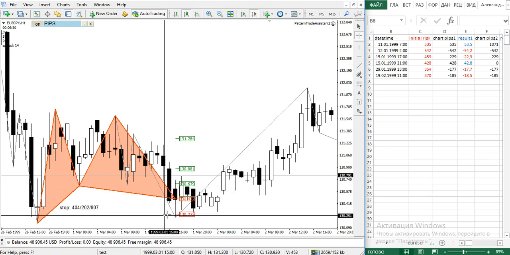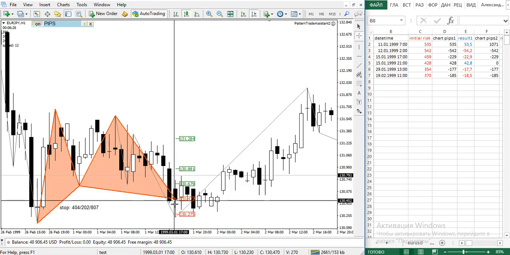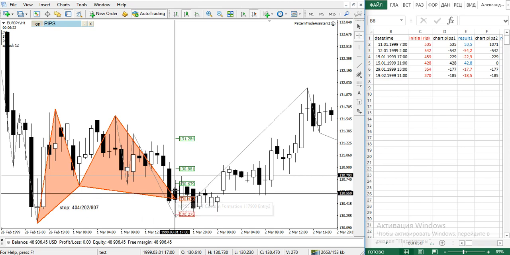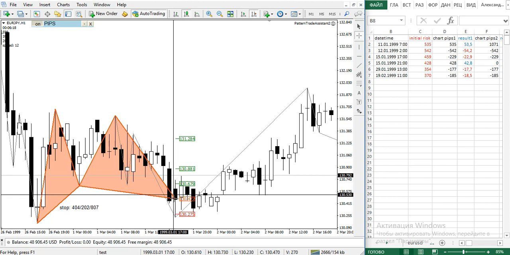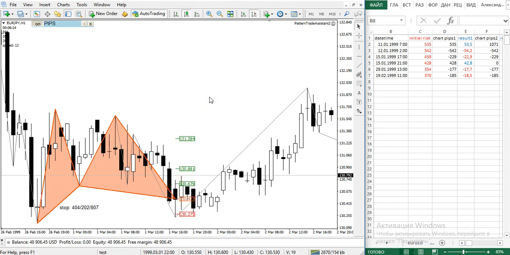This means we move our stop loss to the half. And right now you cannot say what happens first. Either we hit half take profit and then half stop loss, or we hit half stop loss and then half take profit. And to understand this, we need to switch to lower time frame.